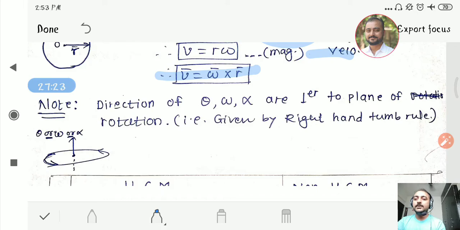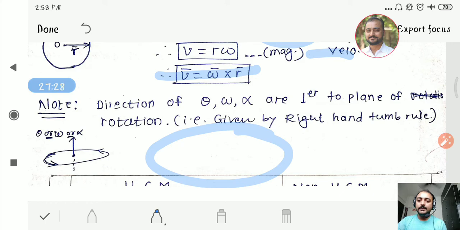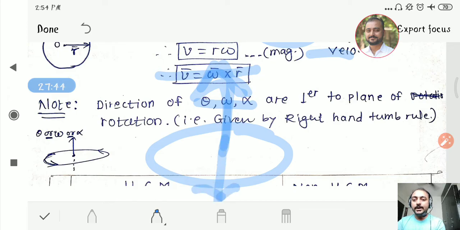When a body is revolving in a circular path, at that time the direction of theta, omega, alpha are always perpendicular to the plane of rotation, either in the upward direction or in the downward direction, and that can be given by the right hand thumb rule, which we already discussed in standard 11th.